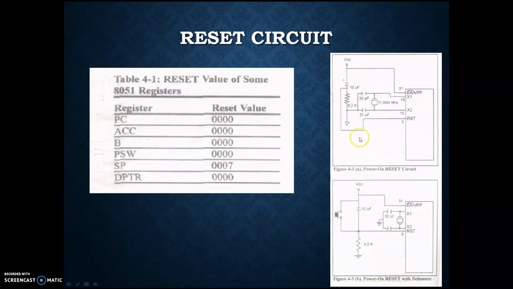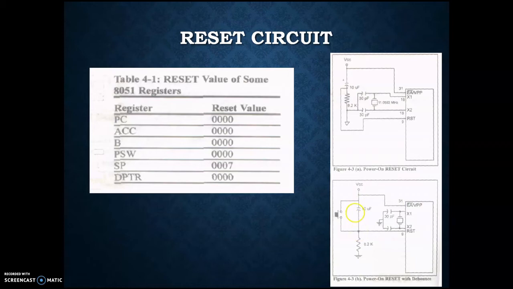Now this VCC means plus 5 volt, and the 10 microfarad capacitor is a polarized capacitor, as shown here also. The positive leg will be connected to plus 5 volt or VCC, and the negative part will be connected to this 8.2 kilo ohm resistor.